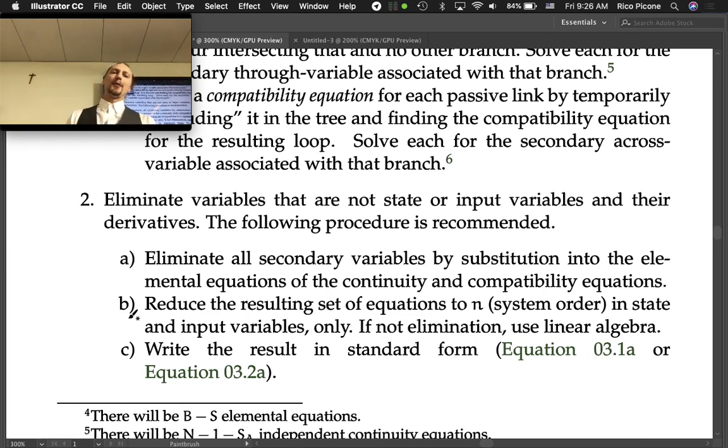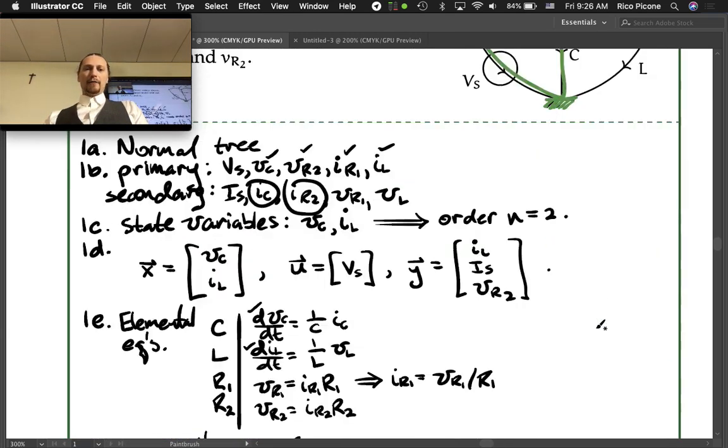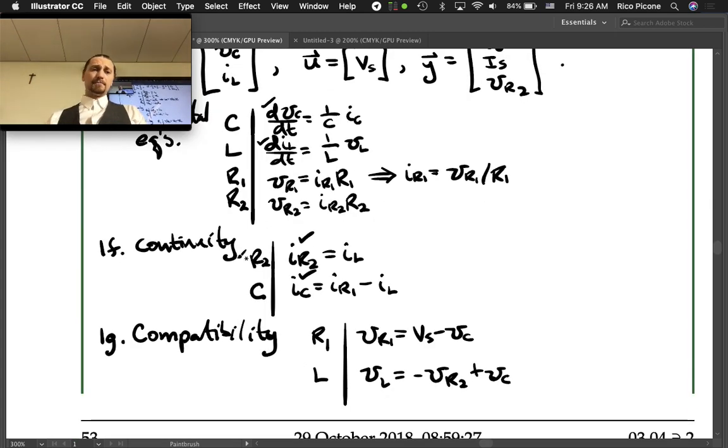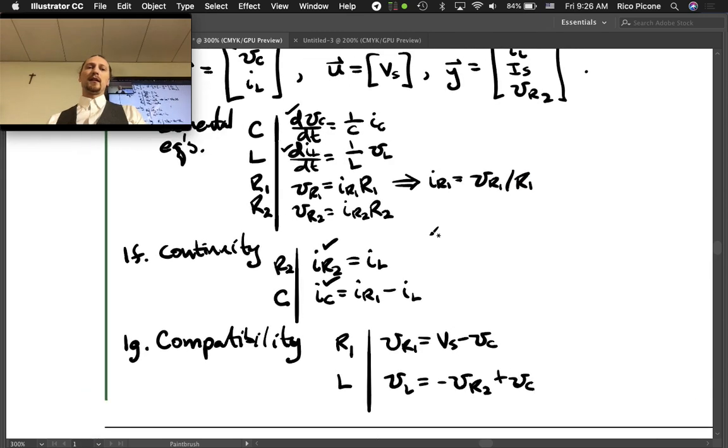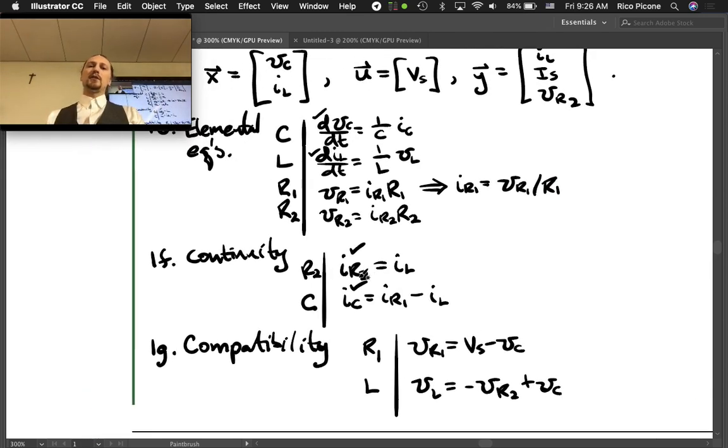So 2A is to eliminate all secondary variables by substitution into the elemental equations of the continuity and compatibility equations. So we've got 4 continuity and compatibility equations, and we can use each of them. They're already solved for their secondary variables, so we can just substitute each of them into the elemental equations and eliminate all of the secondary variables in one step.